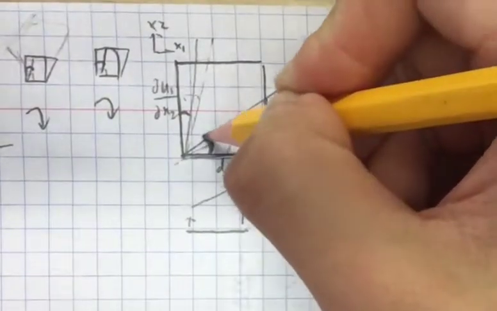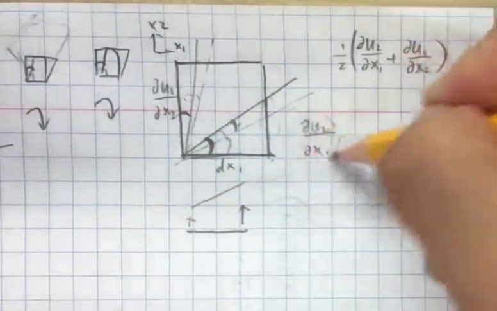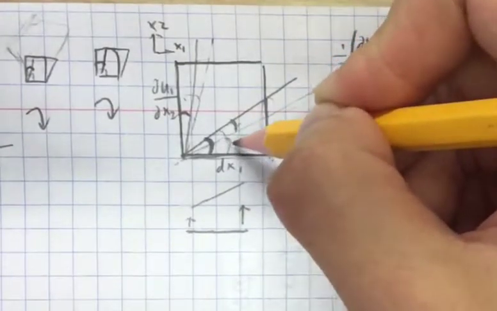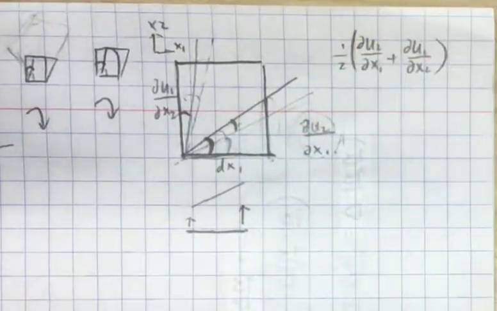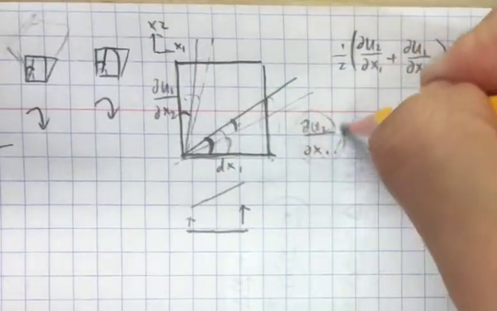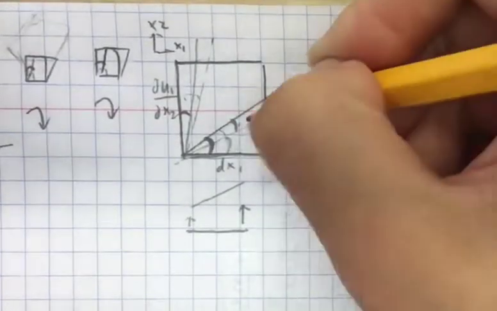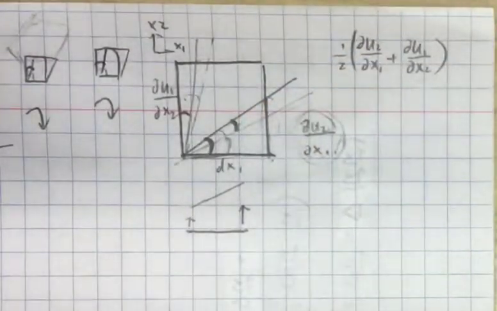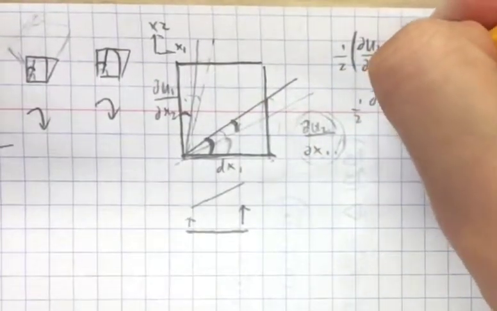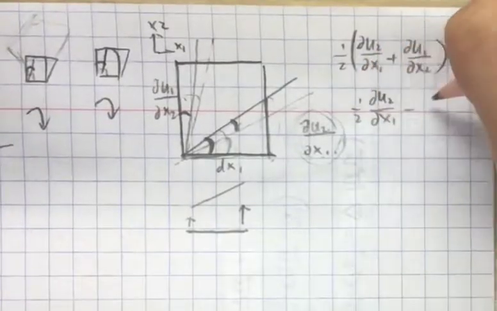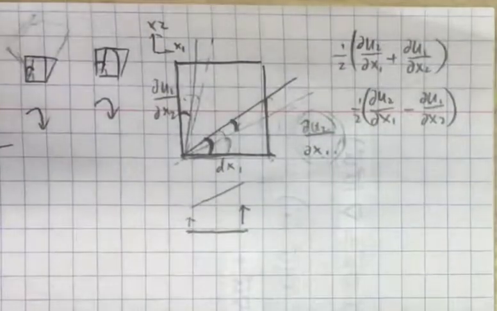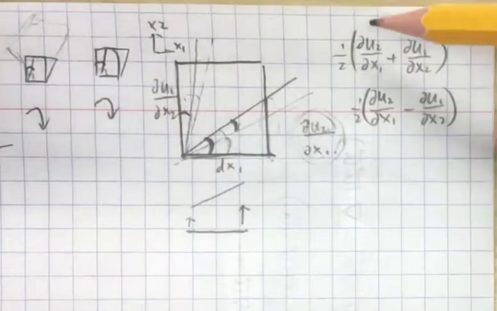This angle is the whole angle, which is alpha, which is du2/dx1, minus this angle, right, which is this thing. So if we use this thing minus this thing, we'll get this thing. So what will be this thing? This thing will just be half of du2/dx1 minus du1/dx2. Do you agree?